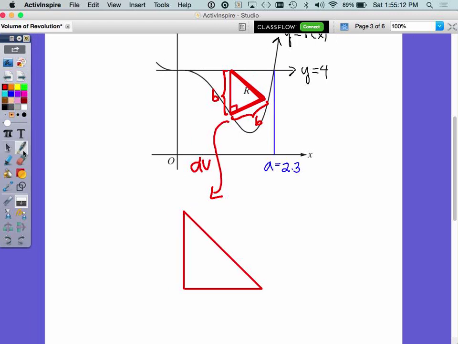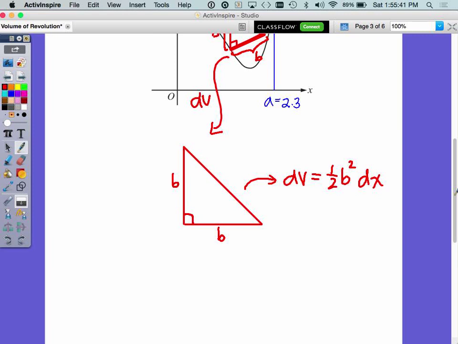I've already labeled this as B, and because it's isosceles, that's also B. And I want to know what the volume of this slice is. The volume of the slice is going to be the area of the slice times its thickness. The area of the slice is a half base times height, which in this case is a half base squared. The thickness of the slice is dx, coming into the board.